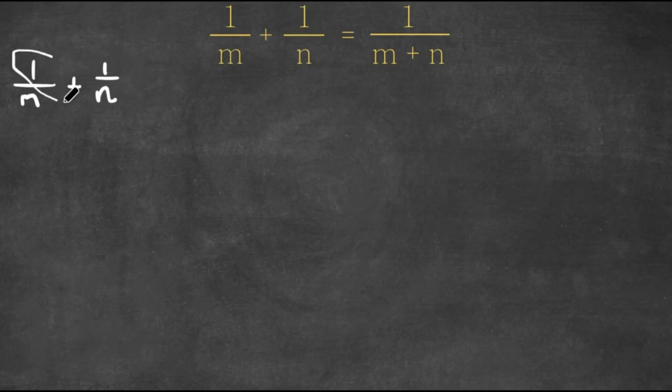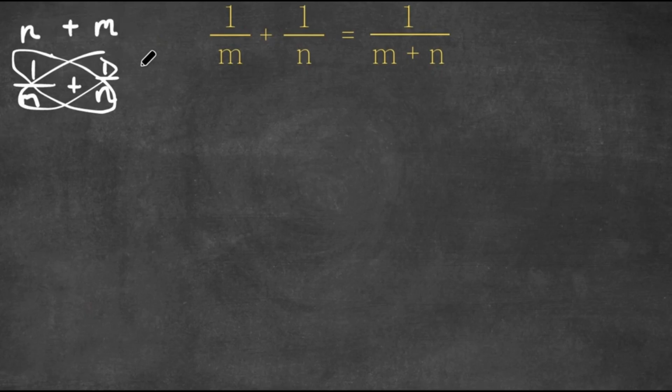If we cross multiply, 1 times n is n, plus 1 times m is m. So n plus m would be our numerator, and our denominator would be m times n.